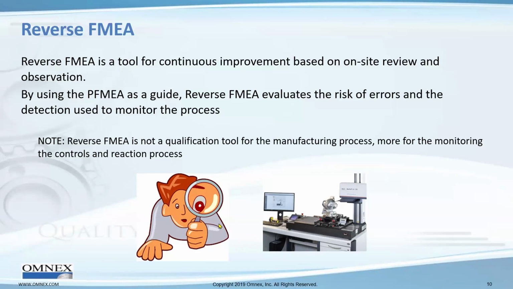But at the end of it, I really focused on each of those operations, and in cases I'm going to find things that need to be improved, which then, if I'm doing better prevention, better detection, I'll get better product and parts. So again, reverse FMEA is not a qualification tool for the manufacturing process. It's more focused on the controls and the reaction to those controls.